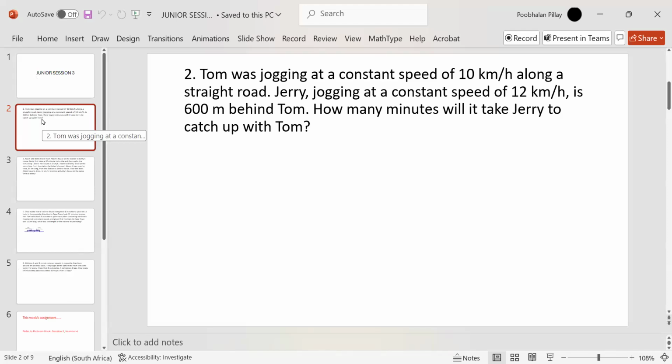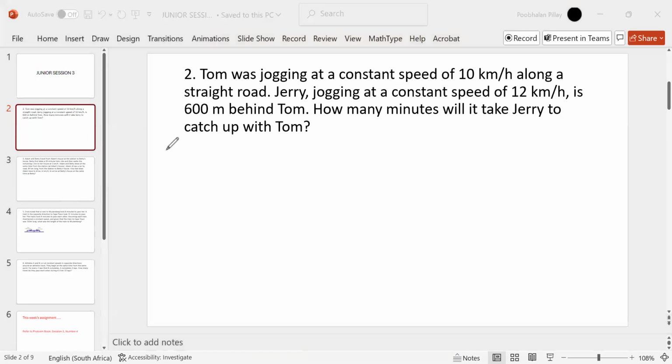Okay, the very first thing I want to say is that we have to understand what you mean by rate. Now, you all know when we say that somebody is traveling at 40 kilometers per hour, you come across this expression, 40 kilometers per hour.